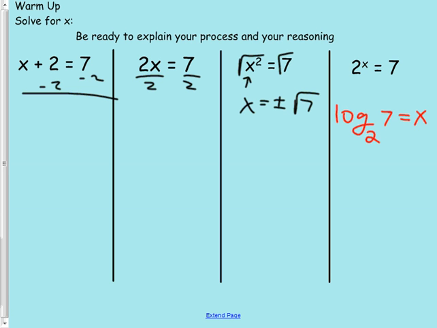And then your calculator can do that. It would actually be typed in a different way than you'd think. You'd have to type in log 7 over log 2. You'll learn all that later, but the point is you can use these logs to get x alone.